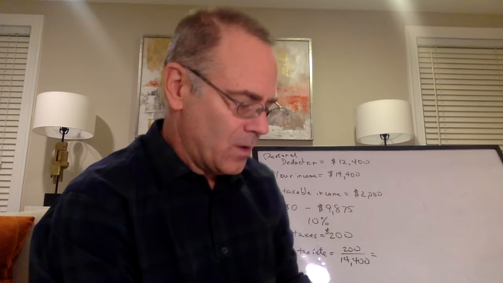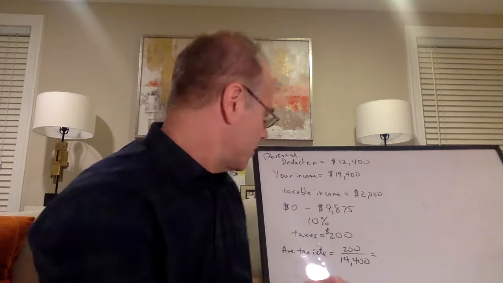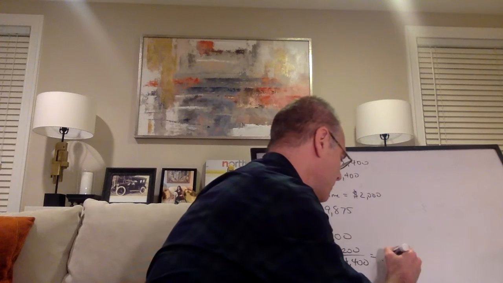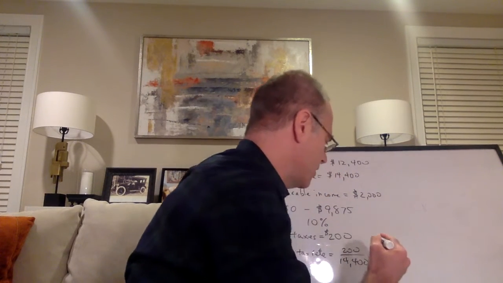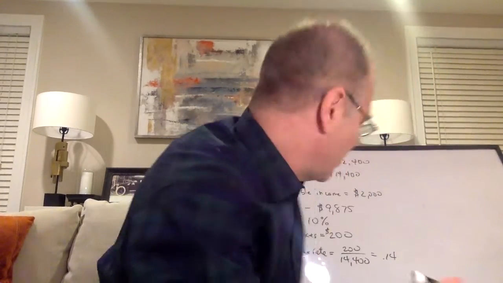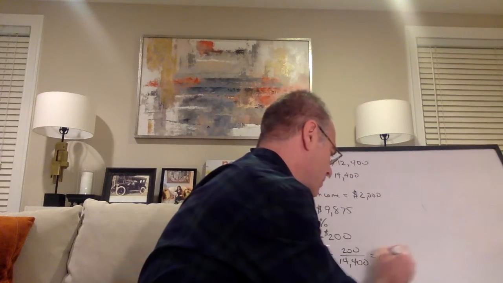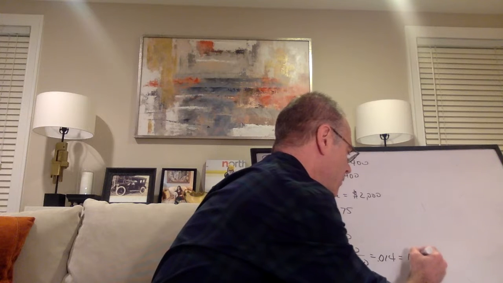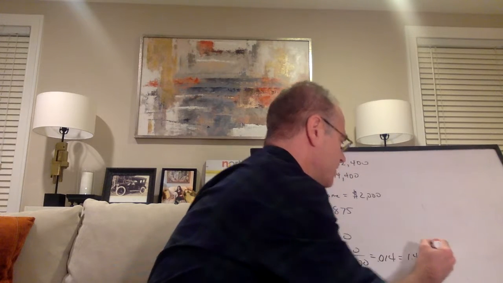Got my calculator. I get 200 divided by 14,400. I get 1.4%. That equals approximately 0.014. That's your average tax rate.